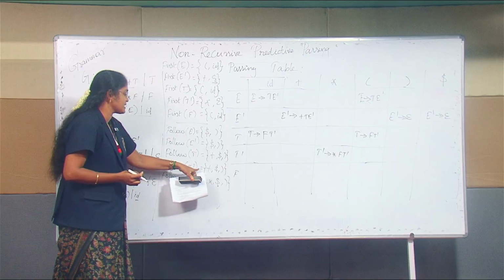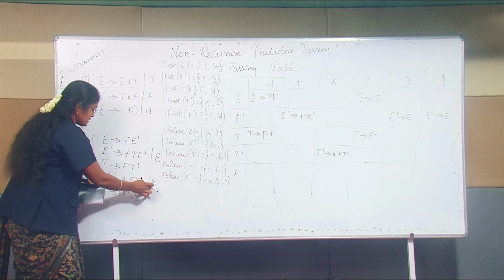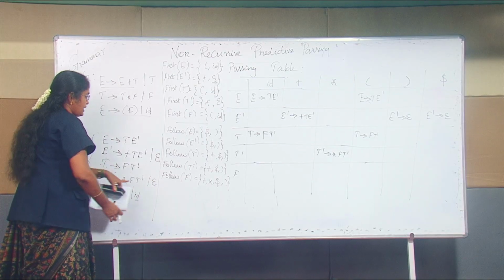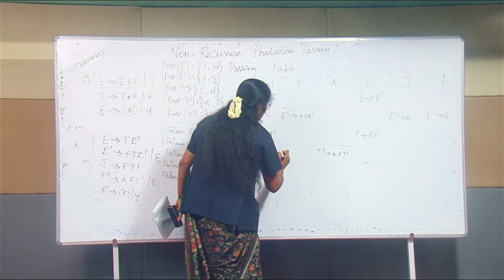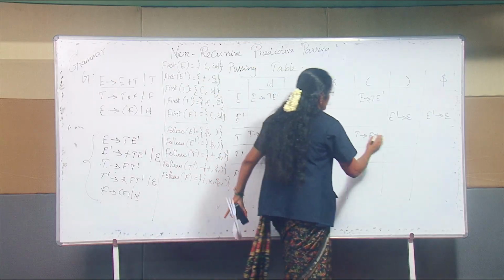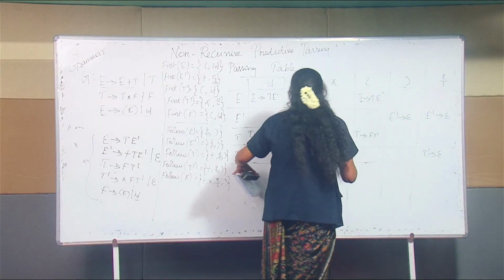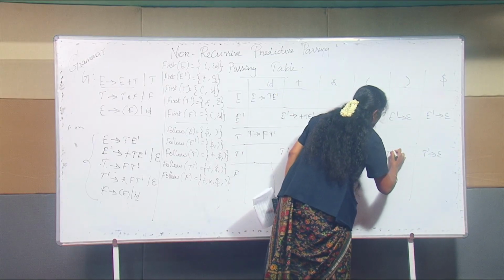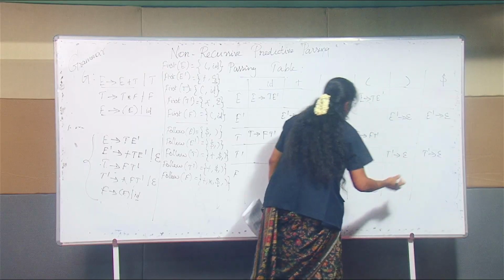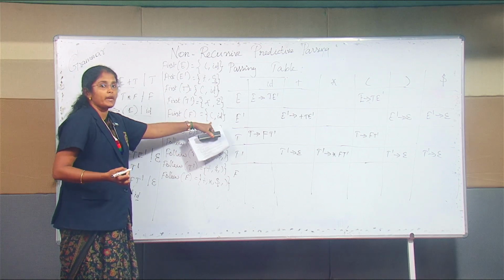So follow of T dash is plus, dollar and close bracket. In those columns we fill T dash tends to epsilon: in plus, T dash tends to epsilon, in dollar, T dash tends to epsilon, and also in close bracket, T dash tends to epsilon.